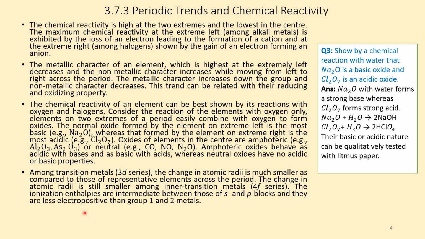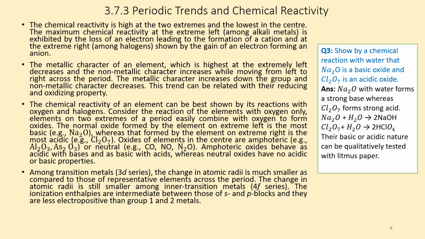For example, we can write the equation: Na2O combines with water to form 2NaOH. Similarly, Cl2O7 combines with water to form 2HClO4. Their basic or acidic nature can be qualitatively tested with litmus paper.